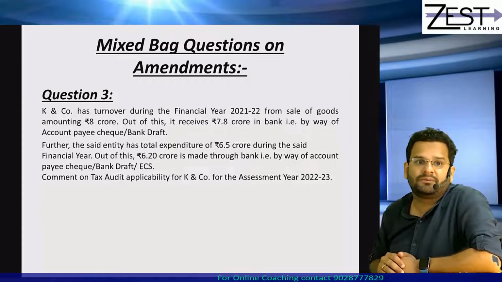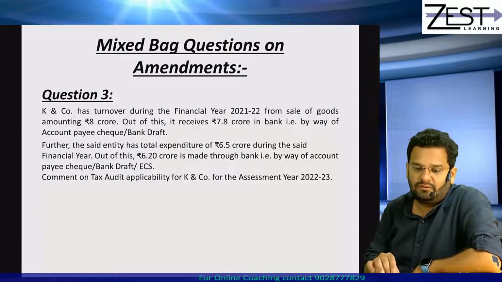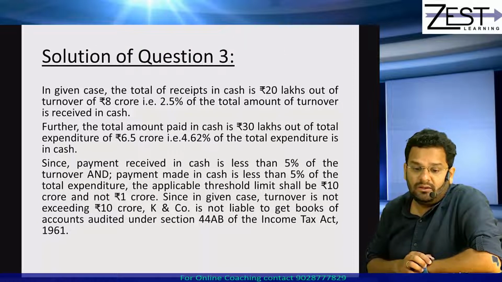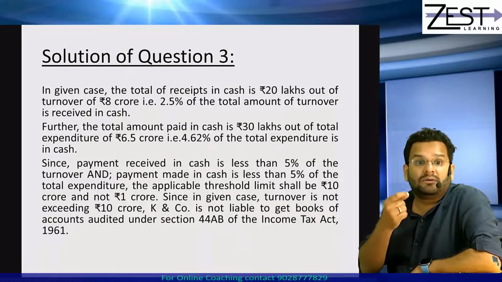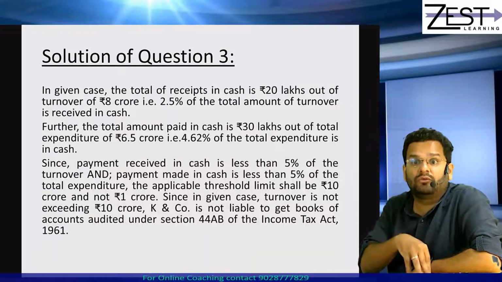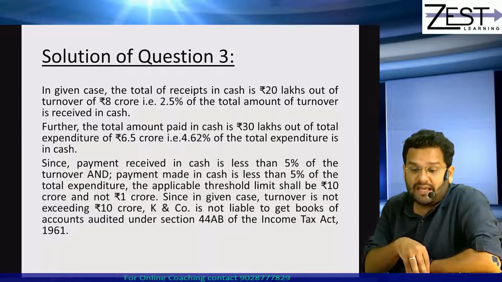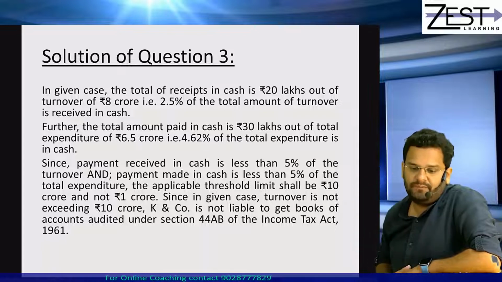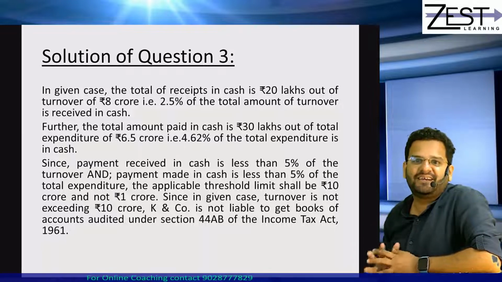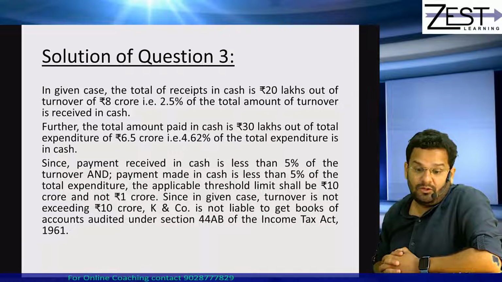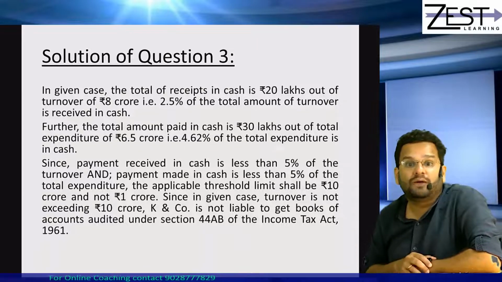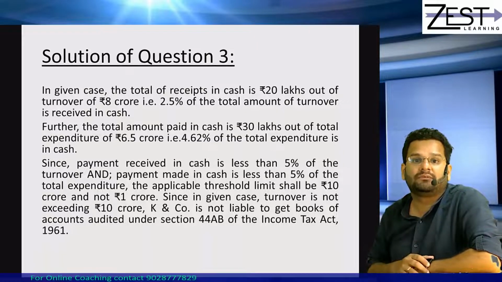Getting the point? So check. What happened here? When I talk about percentage of turnover received in cash, it is 2.5%. You have calculated it on the calculator anyway. Tell me in the comment box who were able to calculate by themselves.